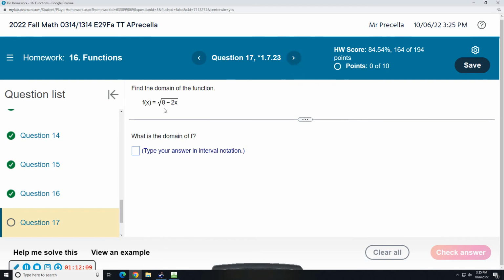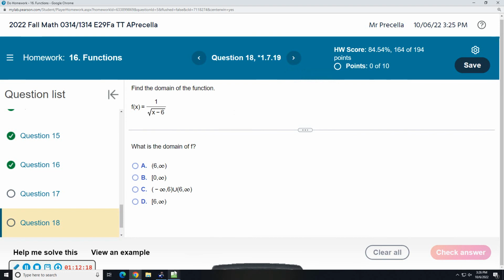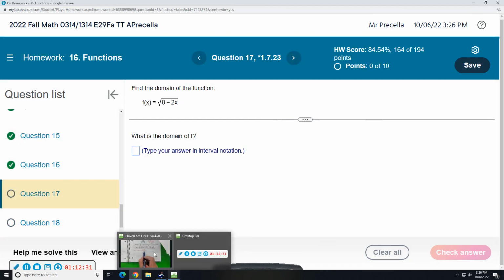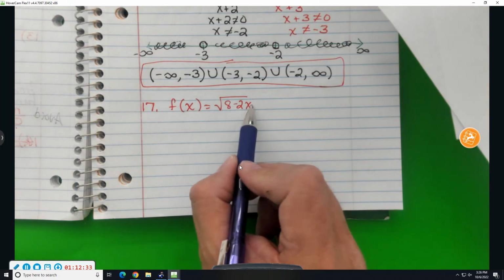On 17, there's no fraction. I'm going to show you how to do it if there's no fraction. On 18, there's a fraction and a square root. I'll show you how to do it then, okay? But for the first one, if we have a square root, we don't want a negative number under the square root symbol.